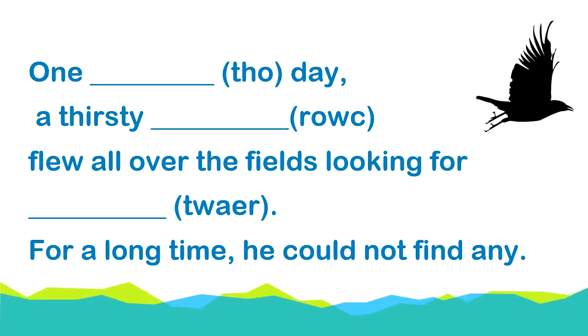Now let us go word by word and try to solve the jumble. One day, and the three-letter word has T, H and O. We know in this order the word doesn't make sense. What about OTH or OHT? Does the word make any sense?